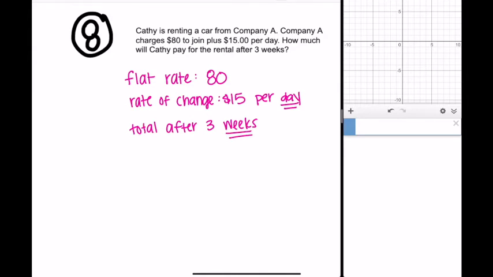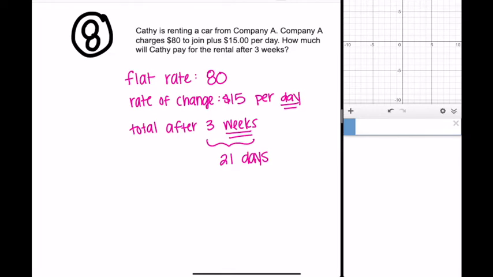Well, days and weeks are not the same, because $15 per day means that we would have to find out how many days are in 3 weeks. So how many days are in 3 weeks? 21. So we're really trying to find the total after 21 days.